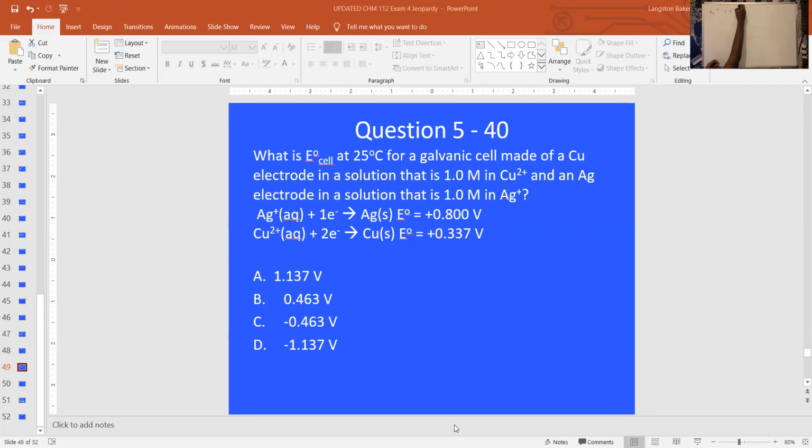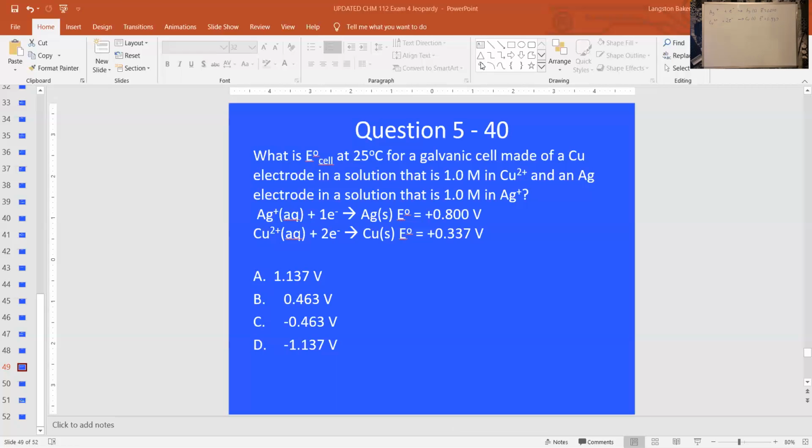And then Cu2+ plus 2e- goes to Cu solid. This one has E naught 0.337, and the other has E naught 0.800.